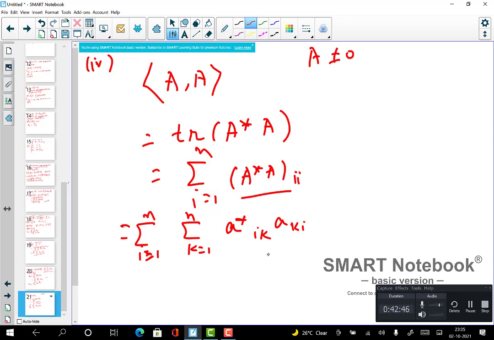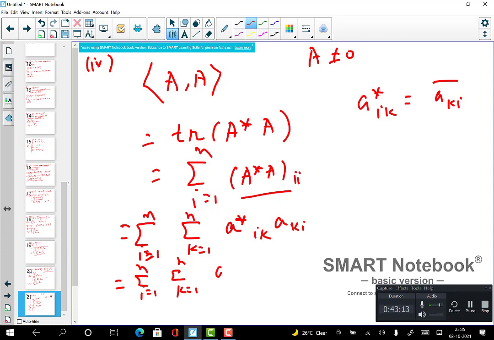Okay, and this is now by definition the sum over i equal to 1 to n, sum over k equal to 1 to n. I should not write down the other; you may feel that there is one more symbol, but this is what? This a star i k is nothing but a k i bar, right?